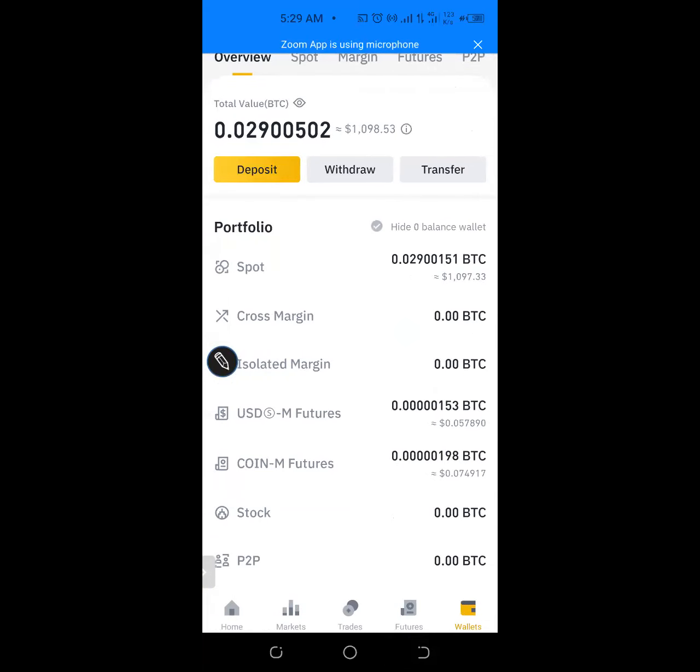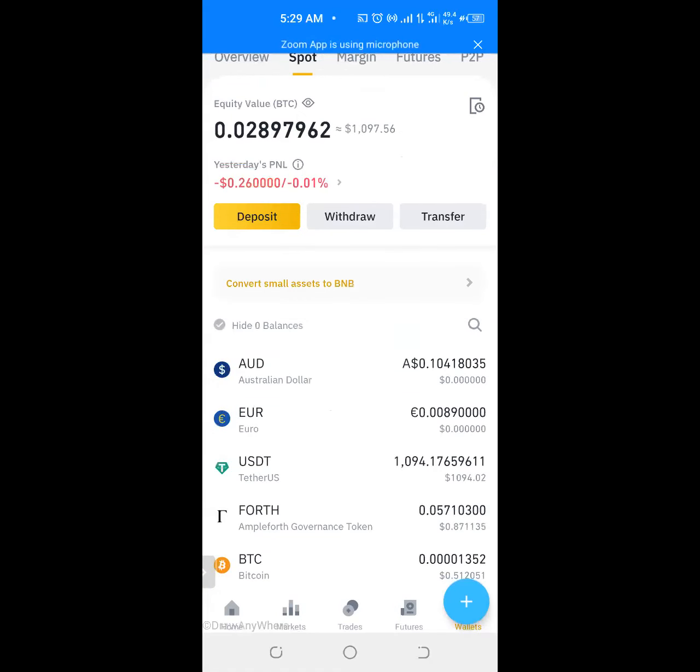When I go to the spot wallet, you see that my money has been kept in the form of USDT, which is a stable coin, so the value will never fluctuate. It will always remain like that.